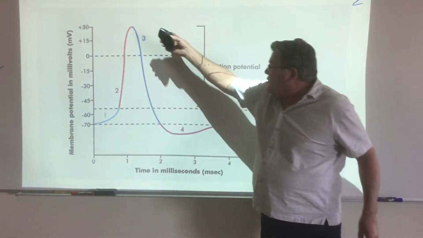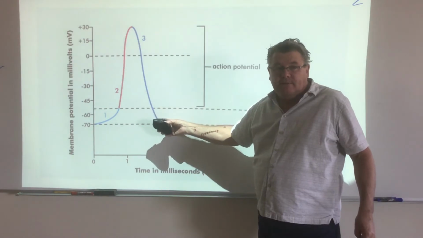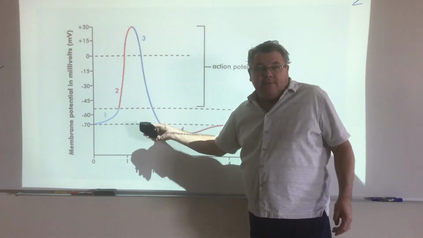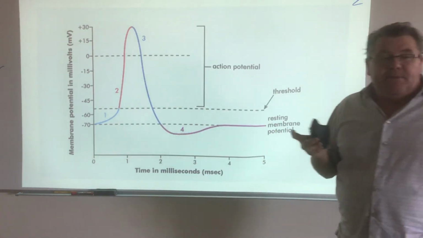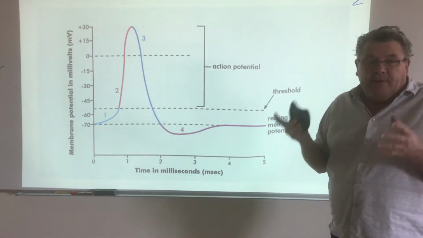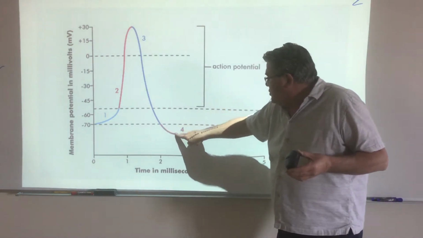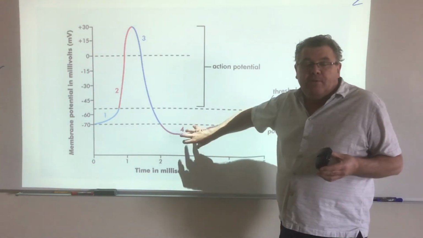As the positive charges leave, the membrane potential drops. And then we have this little dip down here, because the potassium is moving out very, very quickly, and it actually goes shooting past that resting membrane potential.